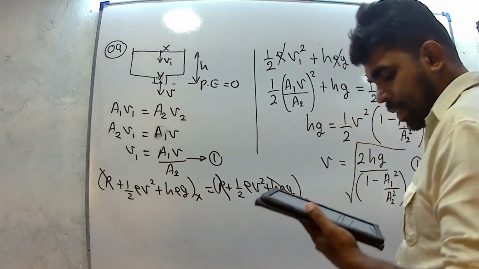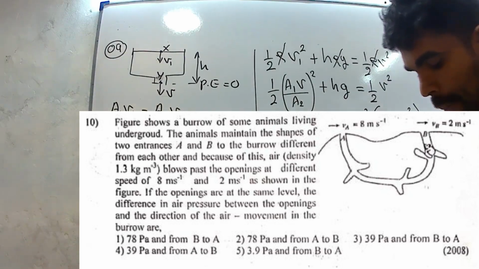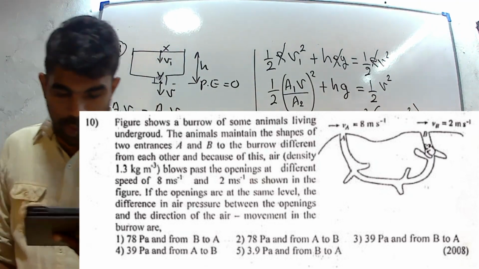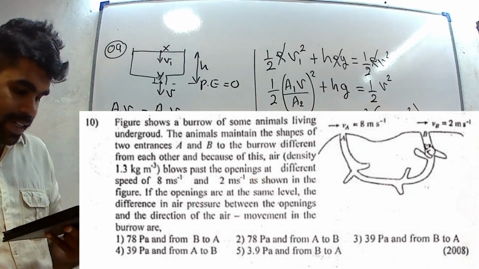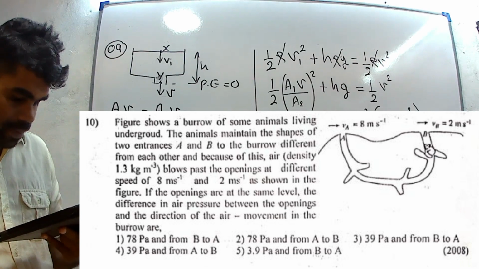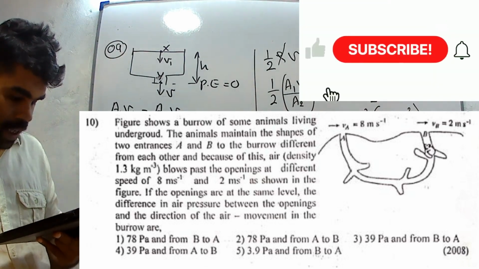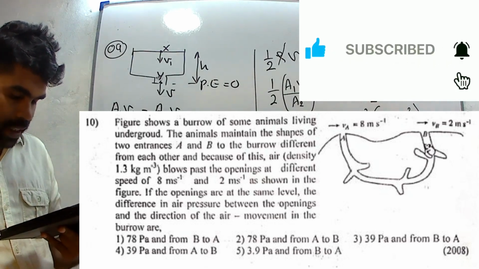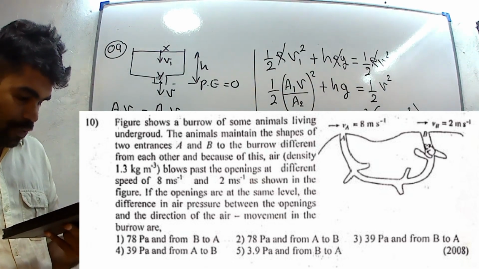In question number 10, the figure shows the burrow of some animals living underground. The animals maintain the shape of two entrances A and B to the burrow different from each other, and because of this, air of density 1.3 blows past the openings at different speeds, 8 and 2, as shown in the figure.